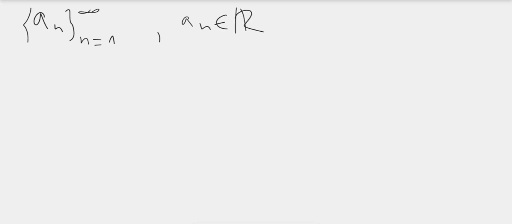So the easiest limit to define is a limit of a sequence. So let's say that we have a sequence a_n of real numbers, where n varies from 1 to infinity, and a_n is a real number for every n.